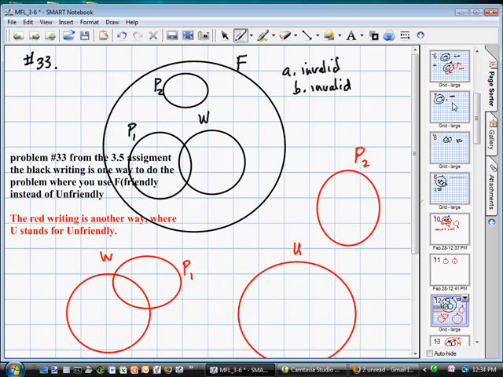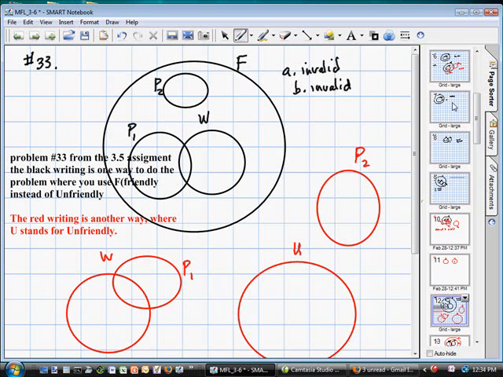It says, which conclusion can be logically deduced? Okay, how about A? No puppies are wasps. Well, wouldn't that be true with my puppy 2 circle? But it would not be true with my puppy 1 circle. And since I don't know which one of those it is, I can't claim that they don't hit when I don't know.